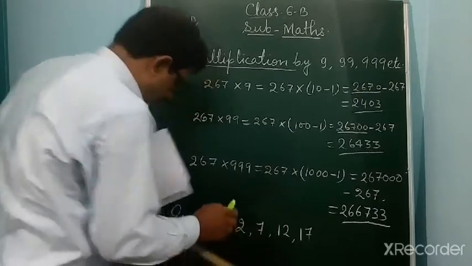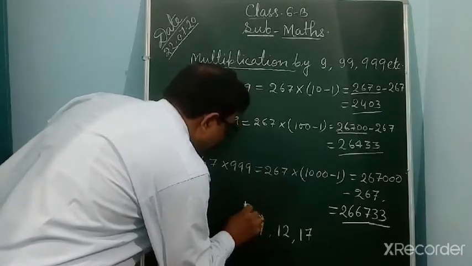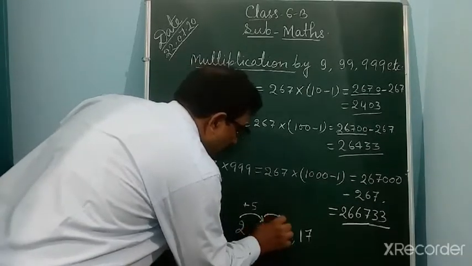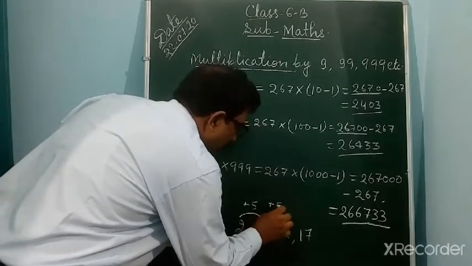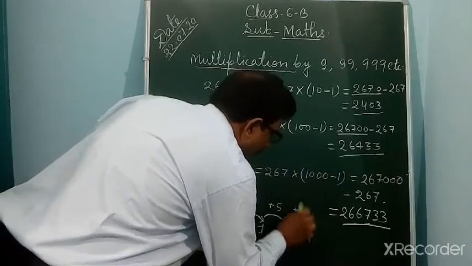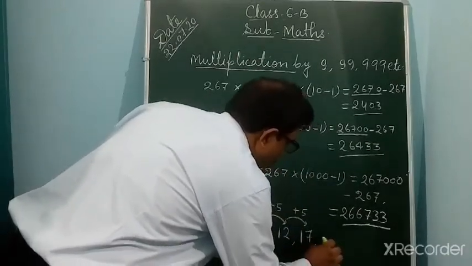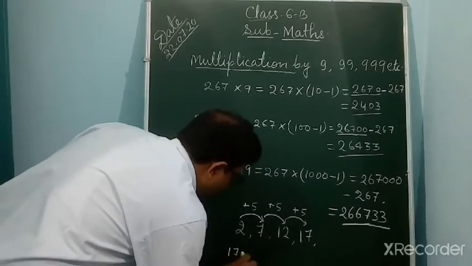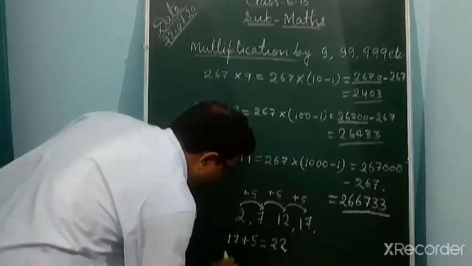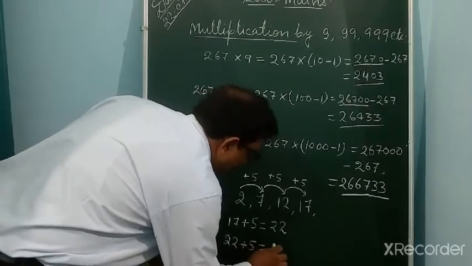So the number is increasing by 5. You can see 2 plus 5 is equal to 7, 7 plus 5 is equal to 12, 12 plus 5 is equal to 17, and for the next 3 numbers, 17 plus 5 is equal to 22, again 22 plus 5 is equal to 27.